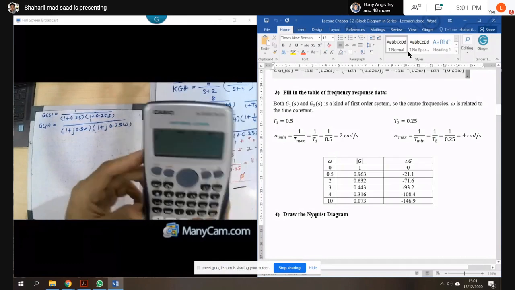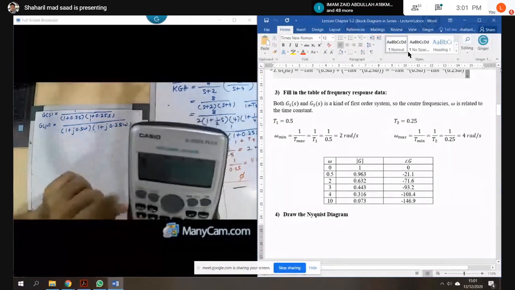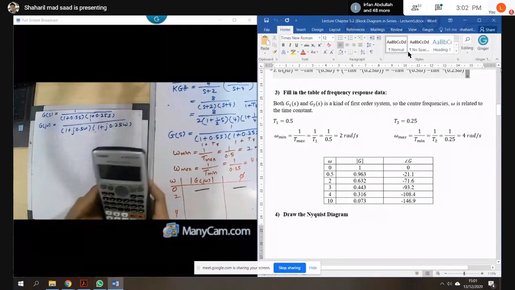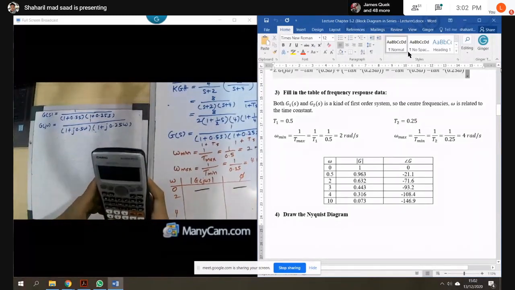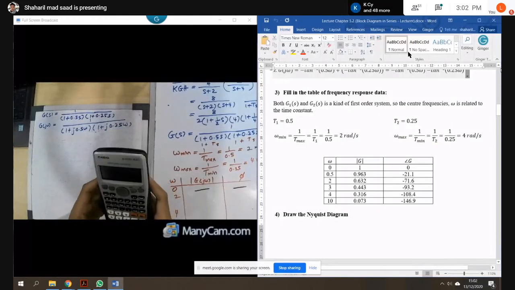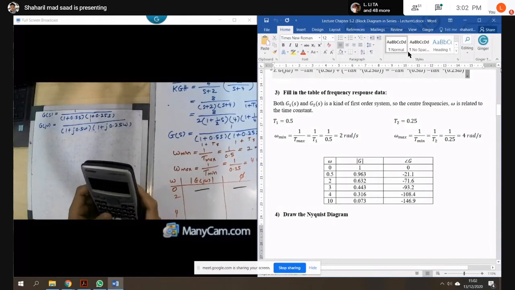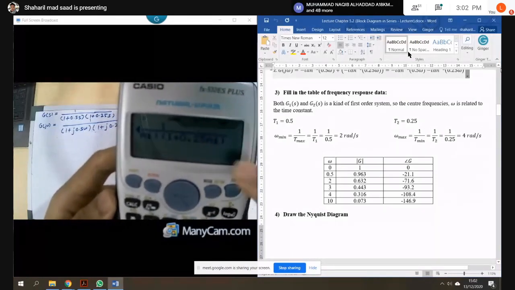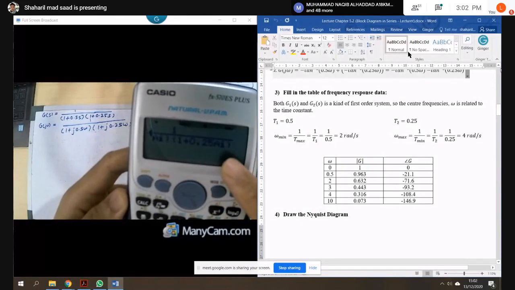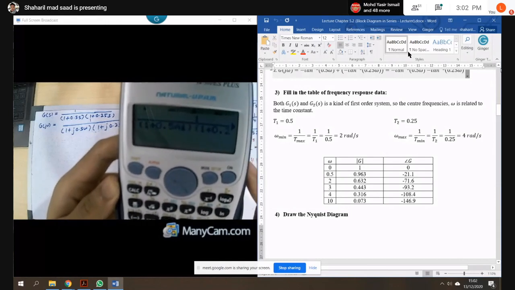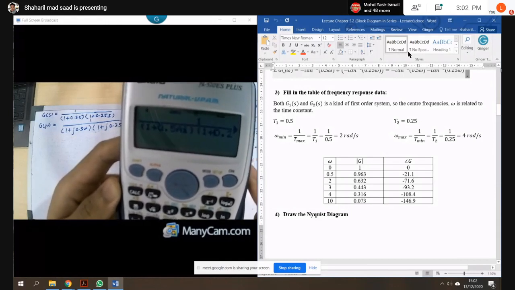Okay, so now we just create this equation. 1 over parenthesis 1 plus 0.5A i, times 1 plus 0.25A i. A means the unknown, right?